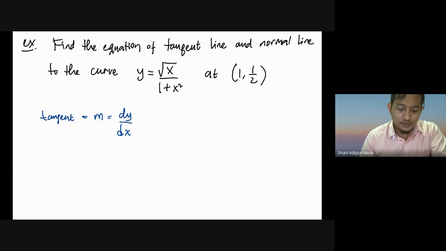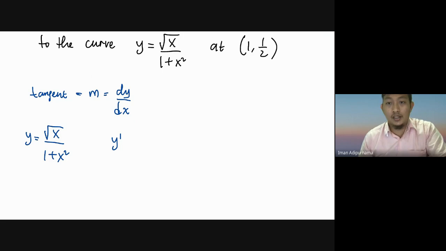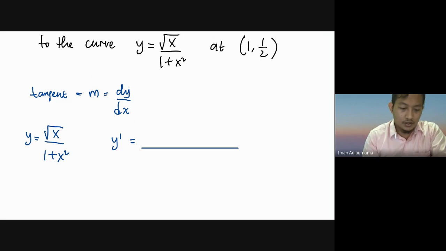So the first thing to do, we can take our function down here, and then find y prime or dy over dx, any notation you like, and then remember the quotient rule.